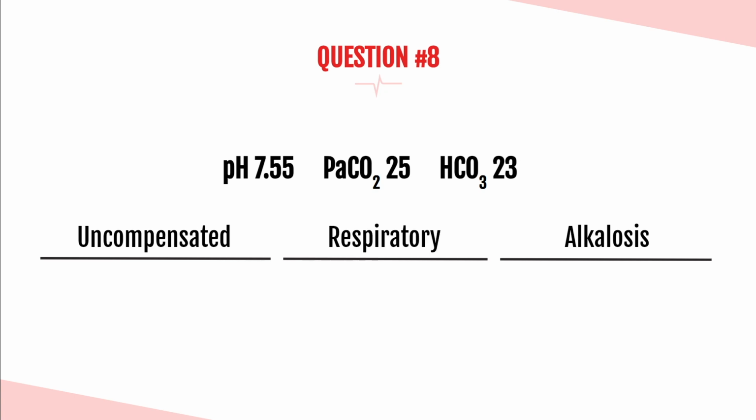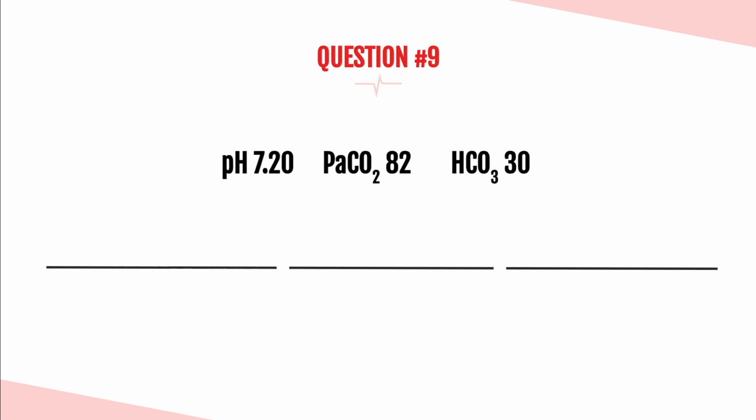So we have an uncompensated respiratory alkalosis. Question number 9, we have a pH of 7.20, a carbon dioxide of 82, and a bicarb of 30. What's our guy's name here?